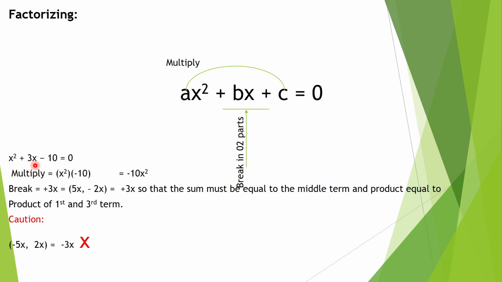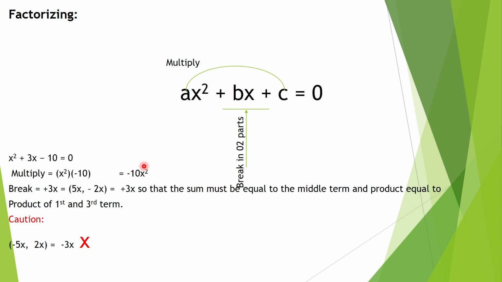You will break this in the manner that the sum of these two parts must be equal to this part of the question, and when you multiply these two parts, it must be equal to the product of the first and second term, that is minus 10 and x square. So it is equal to minus 10x square. When you multiply 5x into minus 2x, it will become minus 10x square.